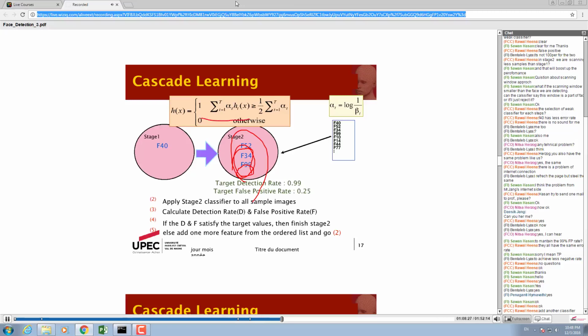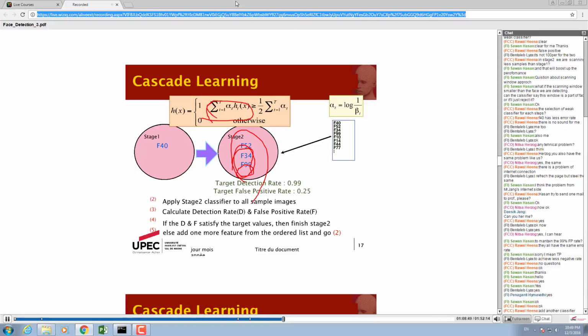So again, in this stage 2, every time we add a weak classifier, 1, 2, 3, F52, F34, F99, we apply this strong classifier formula, even though it is not the real strong classifier. It is still a combination of weak classifiers, right?